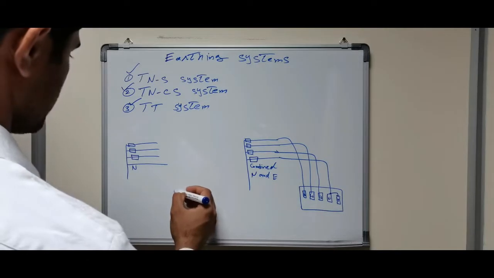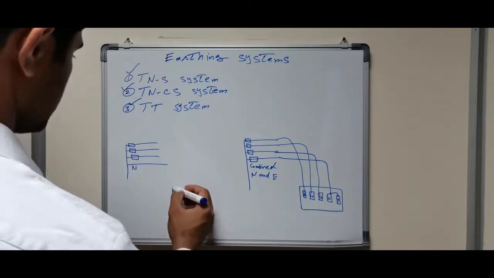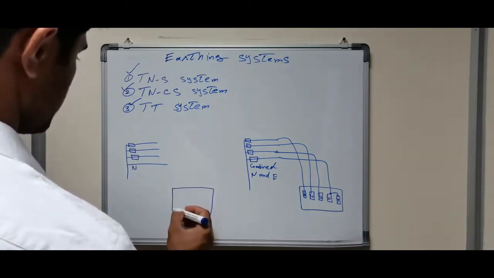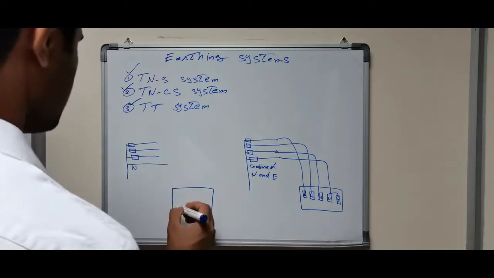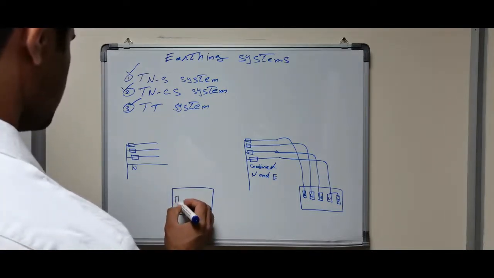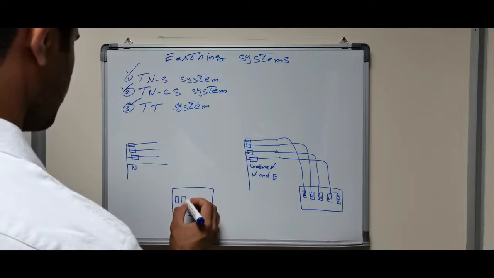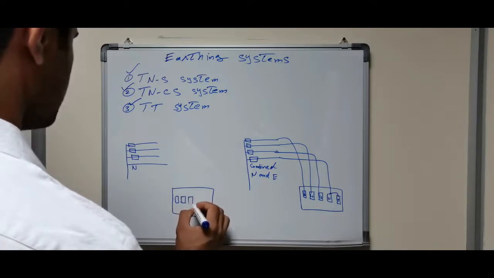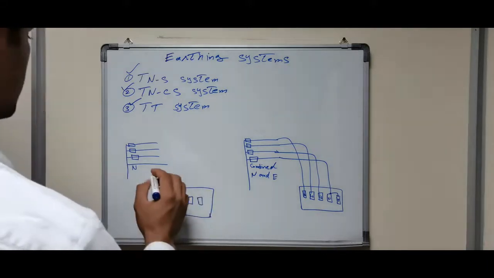Let's consider this is our distribution board. So this is L1, L2, L3, and neutral.